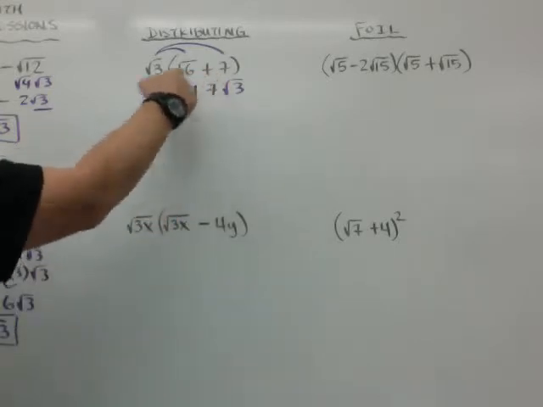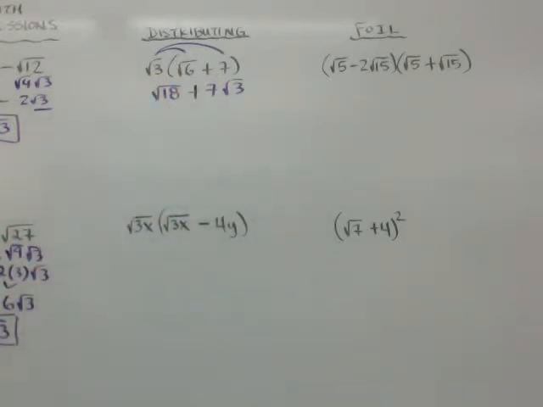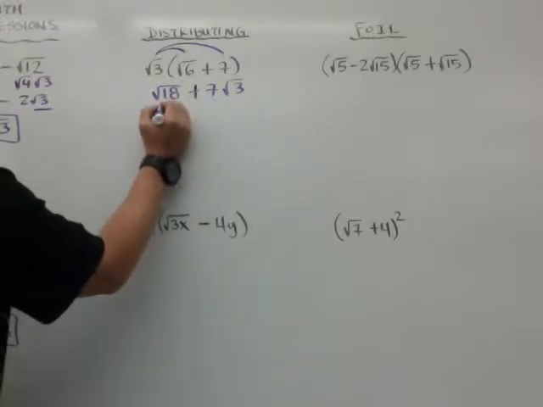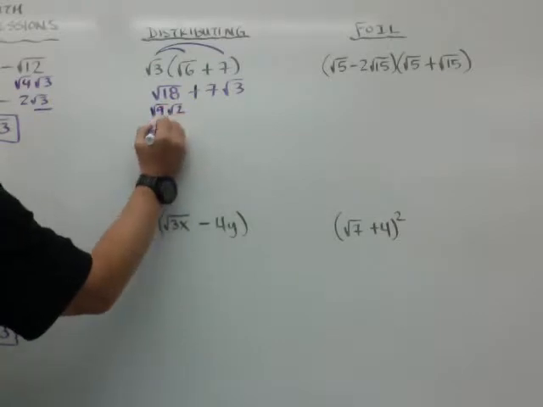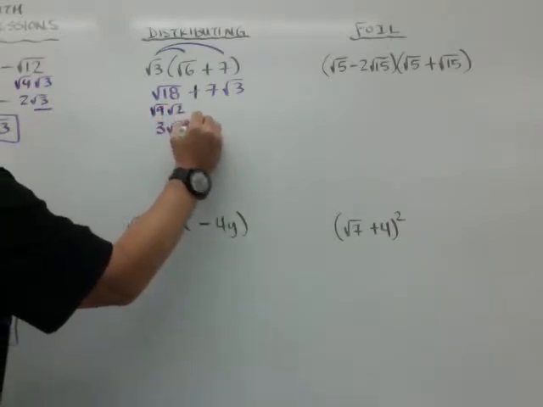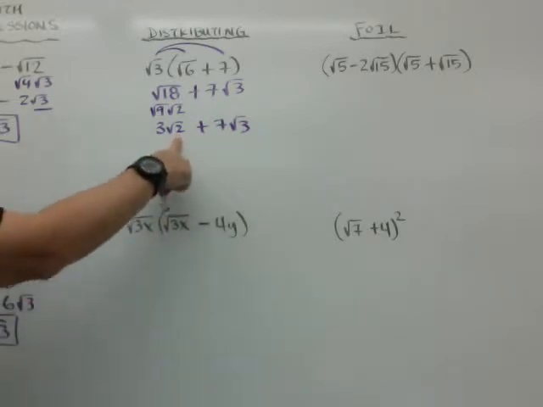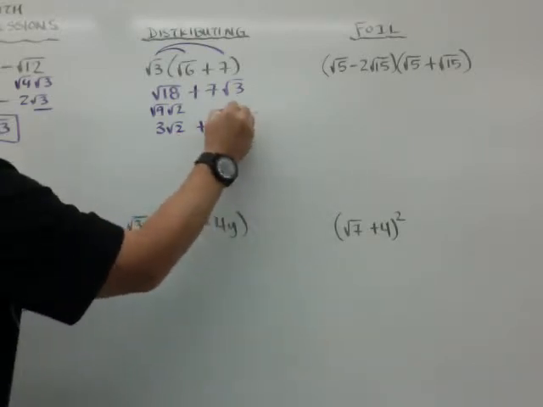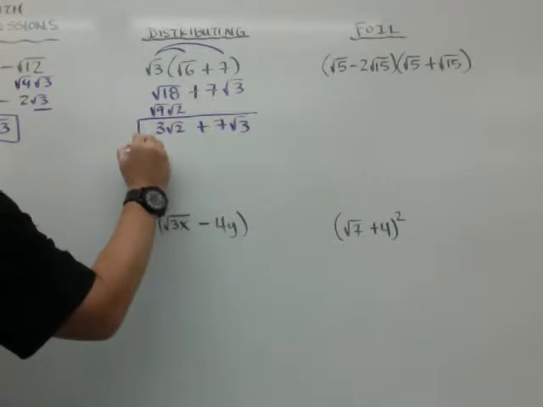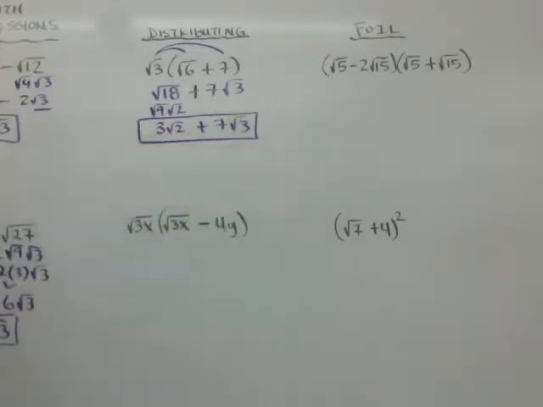Because this is outside of the radical, you don't multiply it inside, underneath the radical. So you just leave it as 7 radical 3. Radical 18 breaks down to 3 radical 2, and then plus 7 radical 3. Because this is a radical 2 and this is a radical 3, I cannot combine them. They're not like terms. So I would just leave it at that, and that's as simplified as it can get.